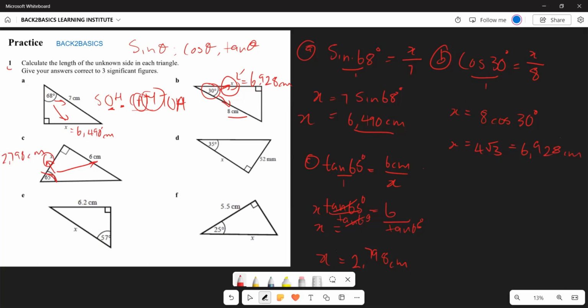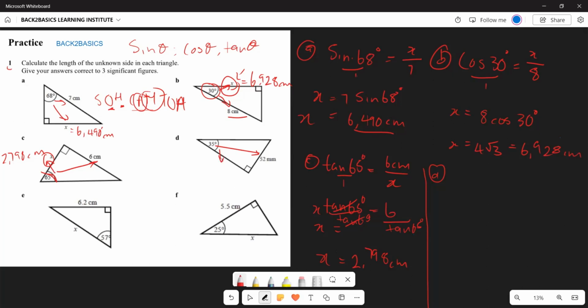Now, so let's go again and look at your number D. What is it that you're going to use? If you can check, even here, the only sides that you are given are this side, which is the opposite side, right? And this side that is adjacent.